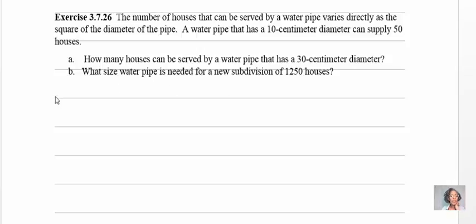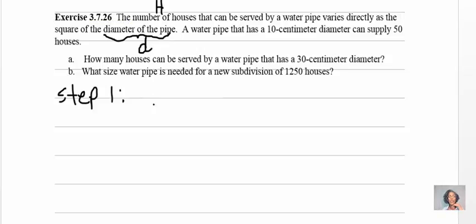All right, so let's do our step 1 where we set up an equation. In a case like this, we have to come up with our variables. So let's make the number of houses H, and let's make D the diameter of the pipe.